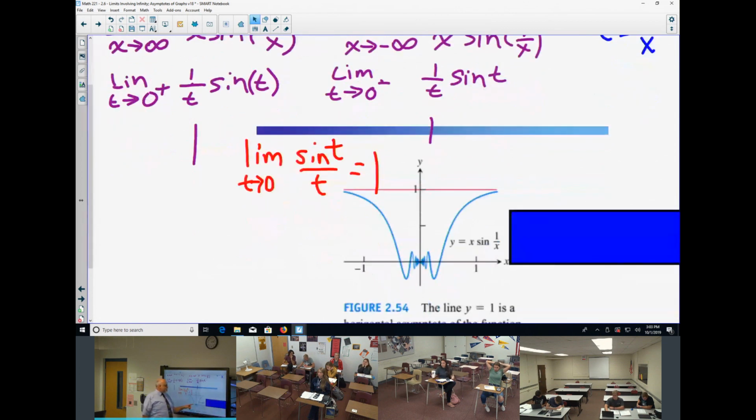But if the question was as x approaches 0, see, that might be an oscillating discontinuity. You might not be able to tell. But as x is approaching infinity, see, the y value is leveling off here at 1. So either from the graph or the table that I would want you to do. So anyway, I was just trying to show you how this variable switch, looking at the reciprocal, might be helpful. But if you get stuck, just use the graph. Okay?